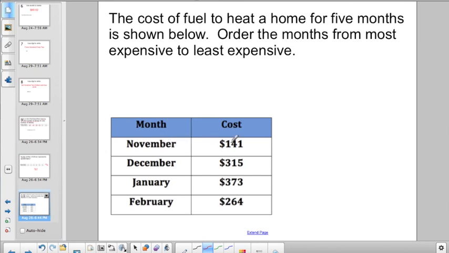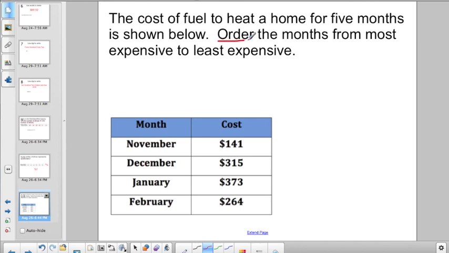In November they spent $141 to heat their home. In December it cost them $315. In January it was $373 to heat their home. And in February they spent $264, right?